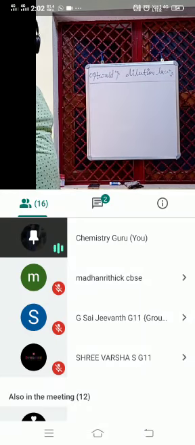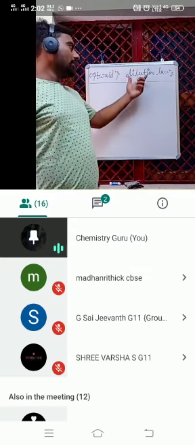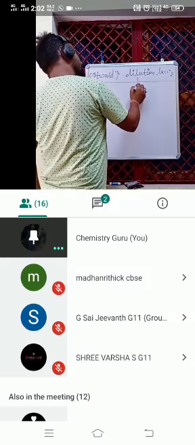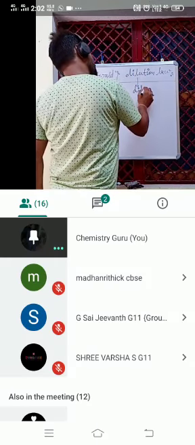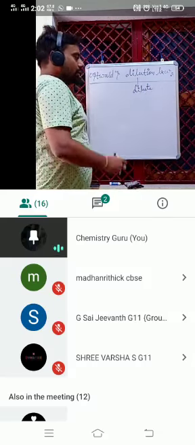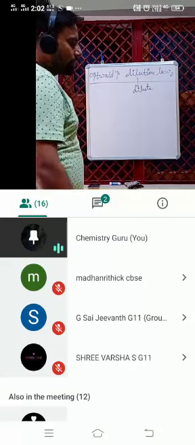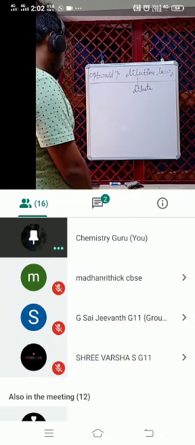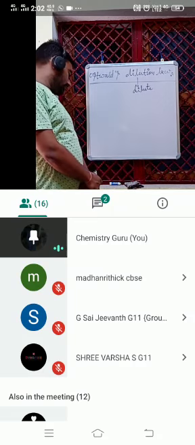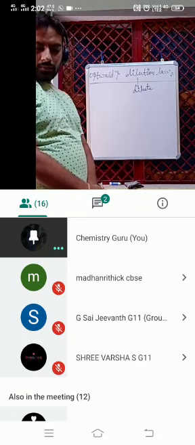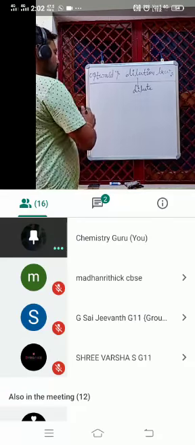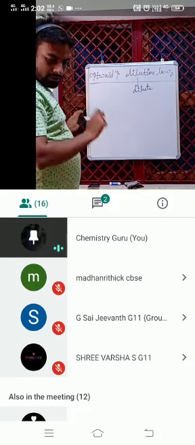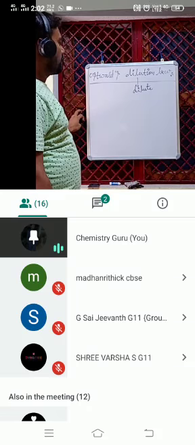The word dilution comes from dilute. So note it down: according to dilution, Ostwald dilution law.